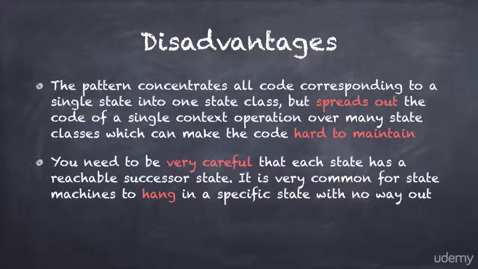Another disadvantage is that you need to be very careful that each state has a reachable successor state. It is very common for state machines to hang in a specific state with no way out. You need to carefully design your state transition diagram to prevent this from happening.